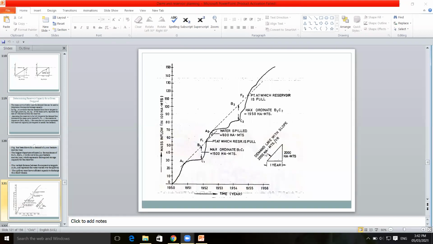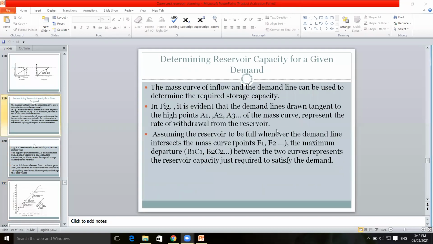On this graph, the maximum ordinates at V1, C1, then the rest of the notations are given. First, how to draw this graph? The demand line is drawn tangent to the high points A1, A2, A3 of the mass curve.